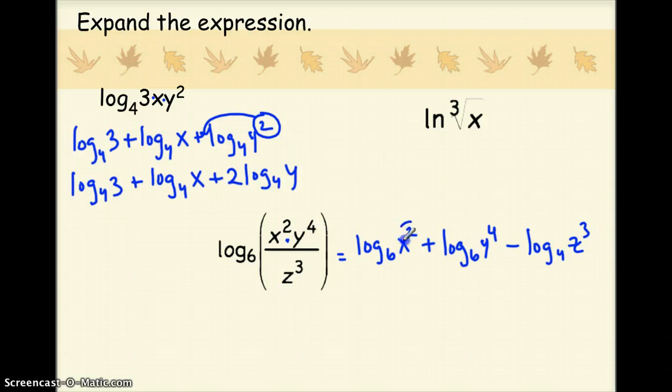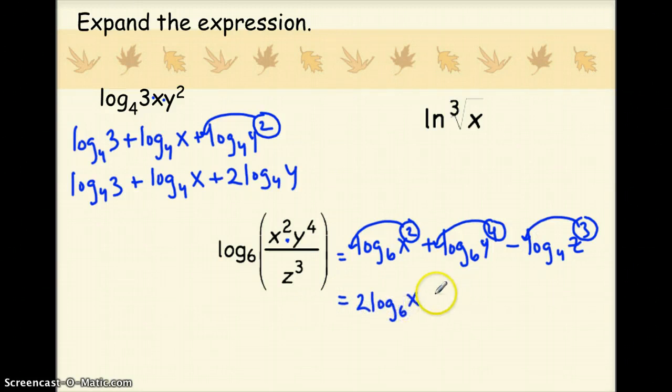And then all of these exponents go down in front. So then we'll end up with a 2 log base 6 of x plus 4 log base 6 of y minus 3 log base 4 of z.